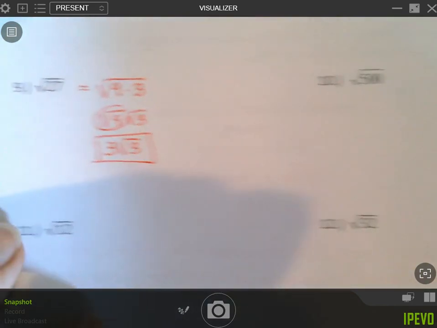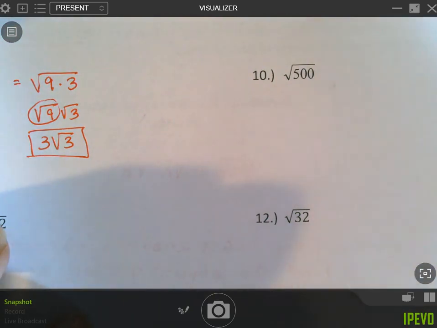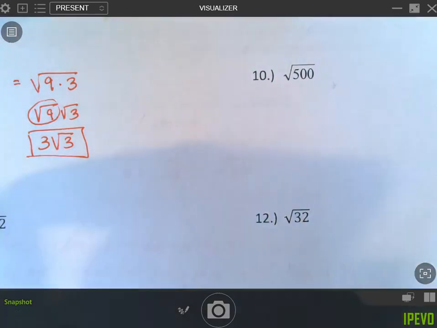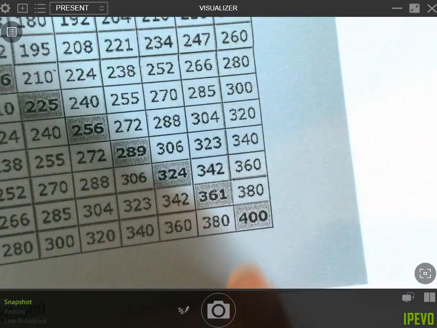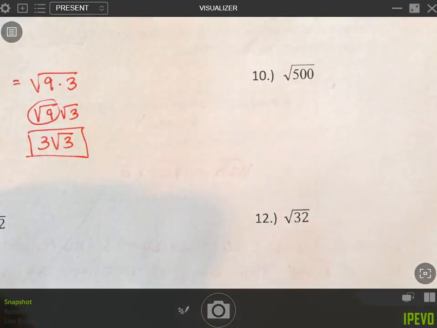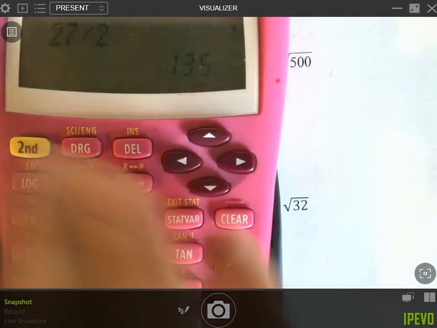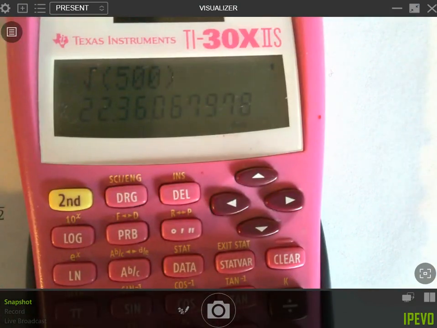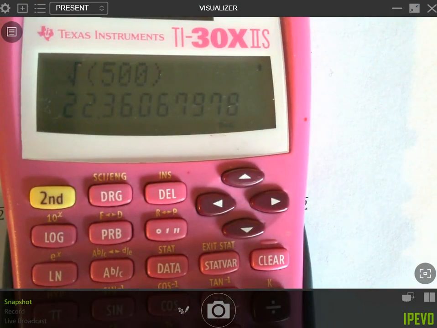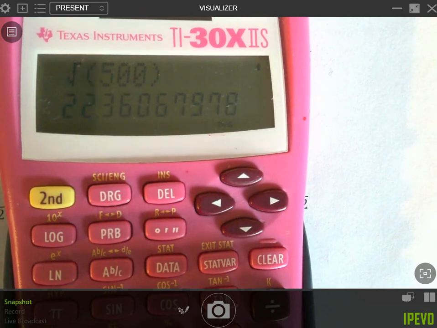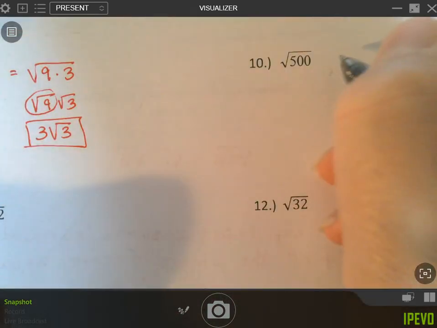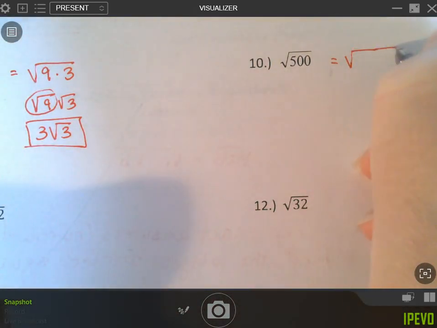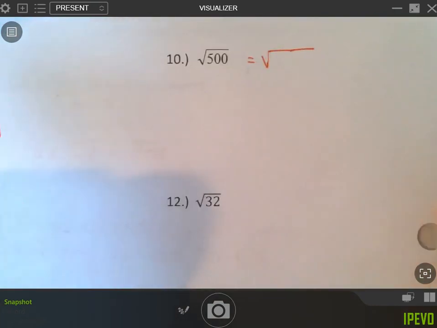Okay, how about number 10? 500 is a big number. Is it a perfect square? No. It's not even on my list, so how did you say no so quickly? So I'm going to put it in the calculator and see if the square root of 500 gives me a nice whole number. Okay, so I agree with you guys. It's not. It's like 22 point something. So I need to think about a perfect square that goes into 500. 100.